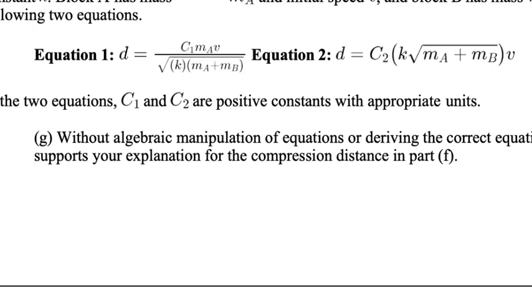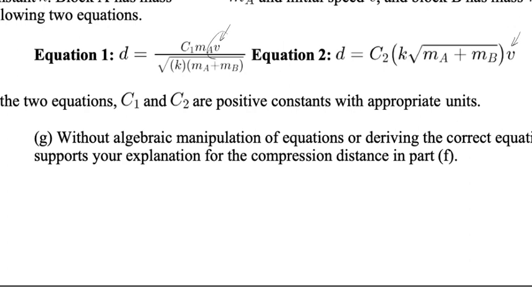Now, let's talk about a few things. V is in the numerator of both. Can we use that as our reason? Let me give you an idea. If the velocity of the block was greater, would that compress the spring more? If the blocks were going faster, would they push the spring in more? Both of these equations say that that is true. Do you see that?